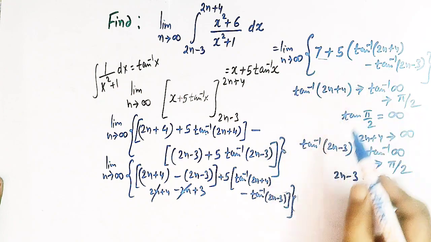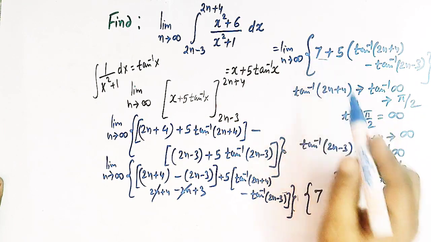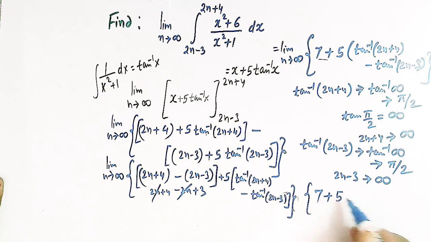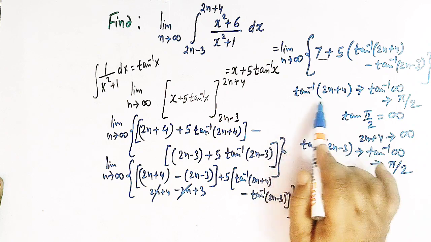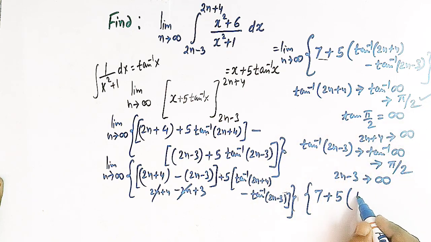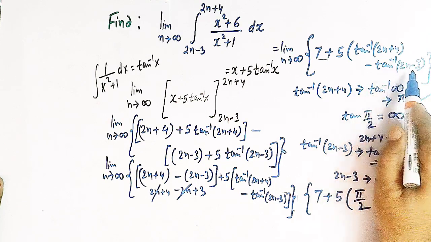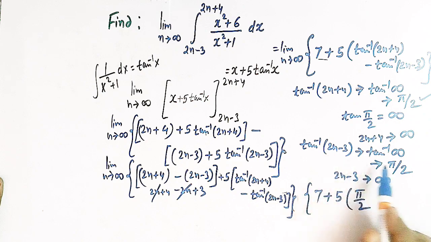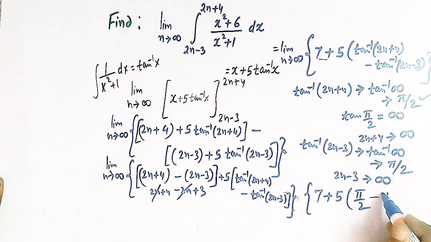Now this expression has the value: we have 7, and then 5 times tan inverse 2n plus 4, which tends to pi by 2, and similarly tan inverse 2n minus 3 also tends to pi by 2, with a negative sign.